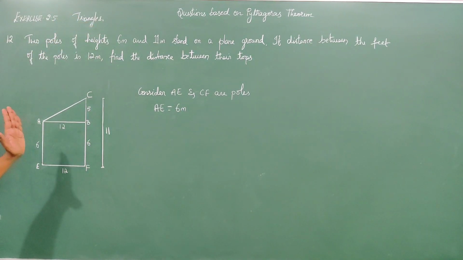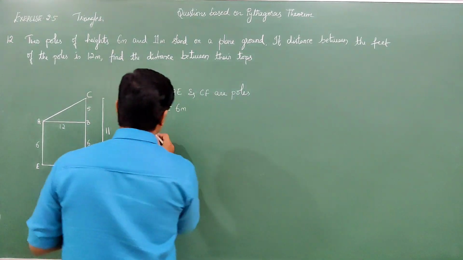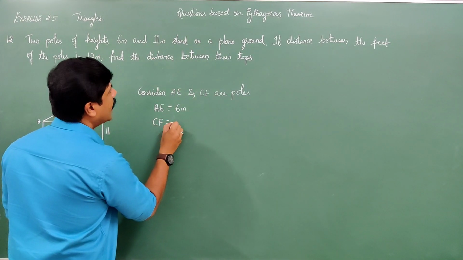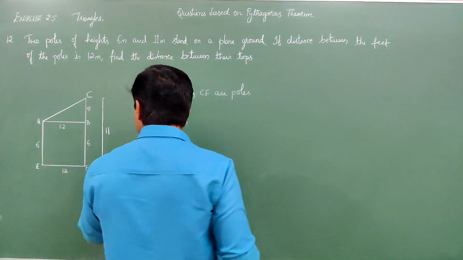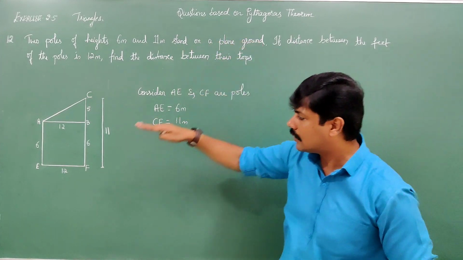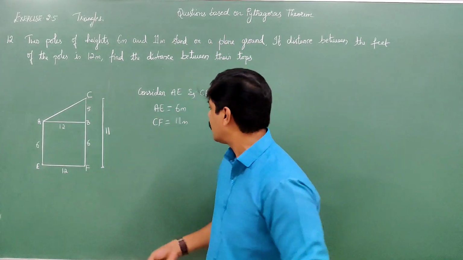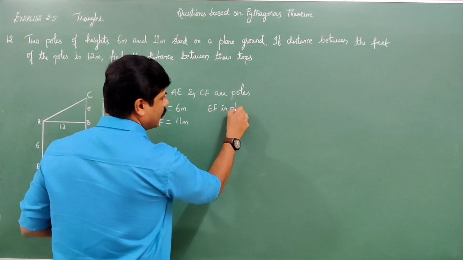One of the poles height is 6 meter and CF height is 11 meter. Since they are standing on plane ground, this EF is the plane ground.